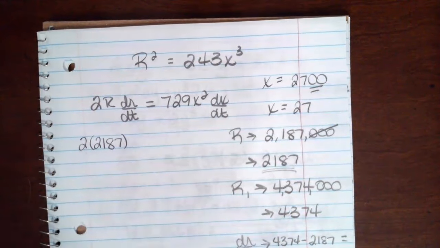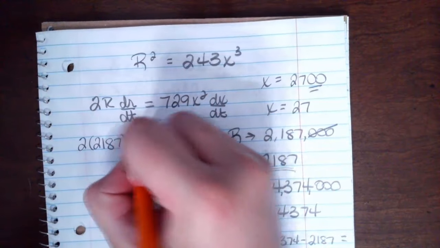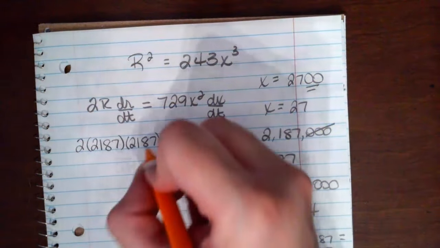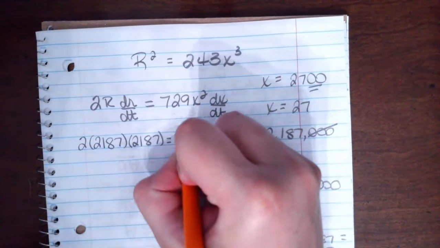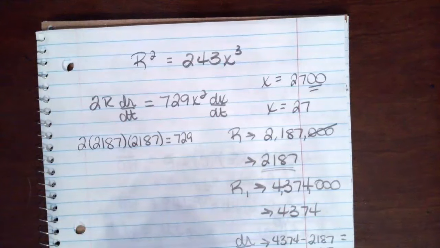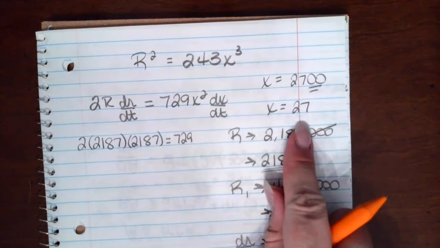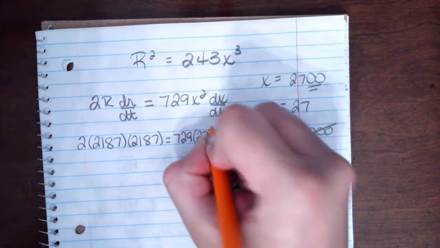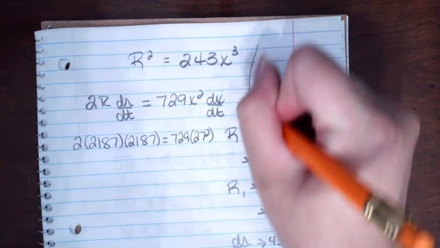So dr/dt is 2187. Okay, then I have equals 729 times, what is my x? My x is 27. dx/dt.